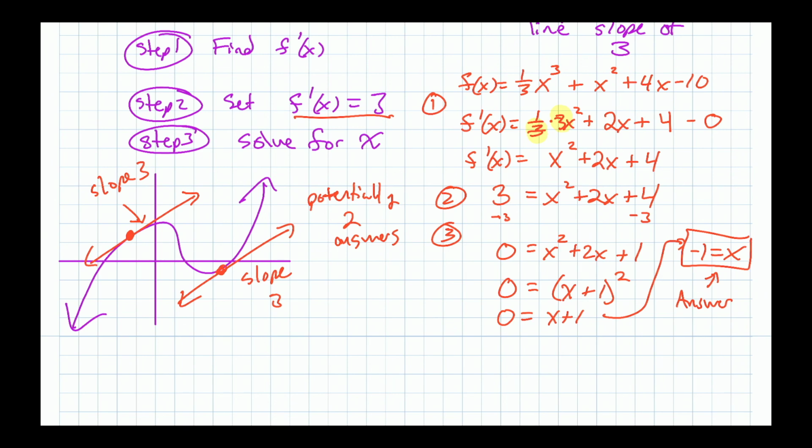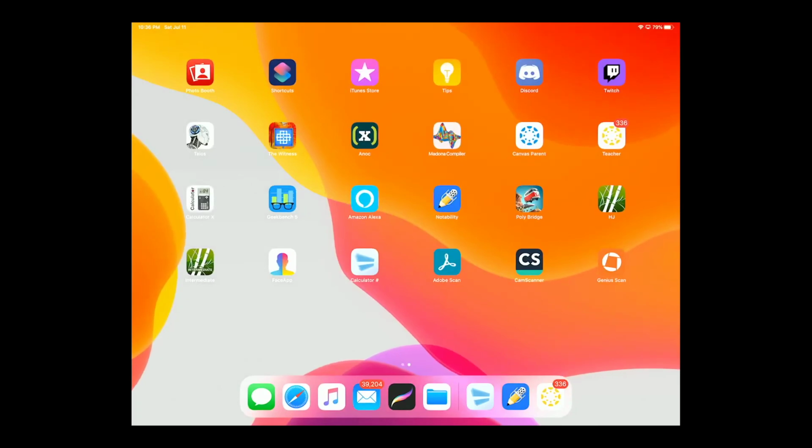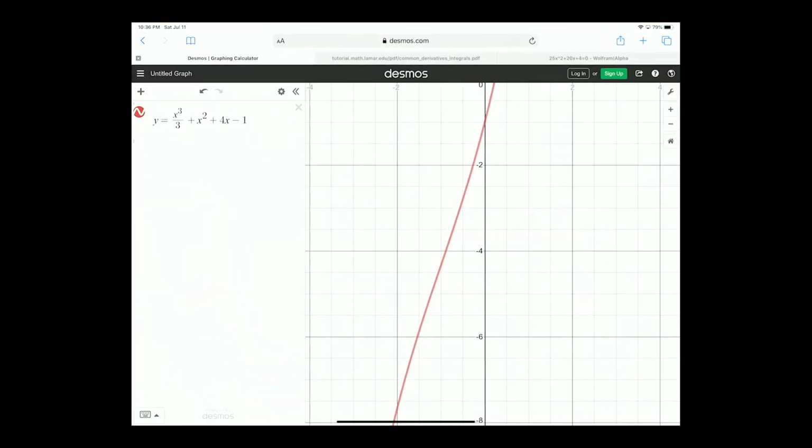Yeah, sure. We want the slope to be 3. Subtract that. So x squared plus 2x plus 1. That definitely factors into x plus 1 squared, which means x is minus 1 only. Huh. All right. Brain not working. We'll figure it out, though.